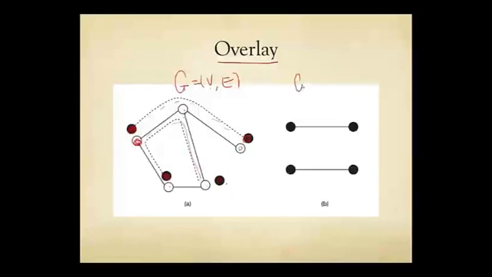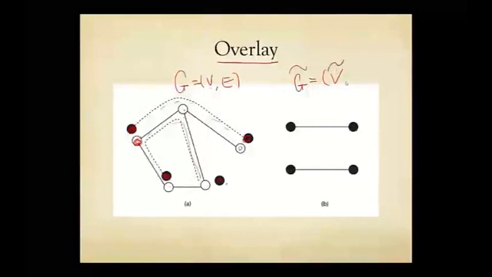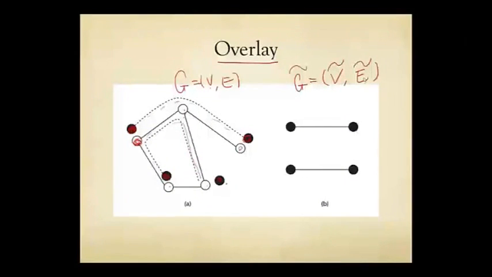So we can define the overlay network represented by another graph, G2D. It also consists of a set of nodes and a set of links, V2D and E2D respectively. But the set of nodes here is a subset of the original one. In other words, V2D belongs to the original set V. For example, these 4 black nodes are a subset of the original one. And there are some nodes that were in the underlay G but not in the overlay G2D.